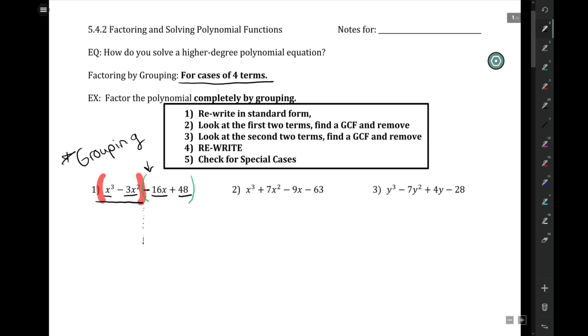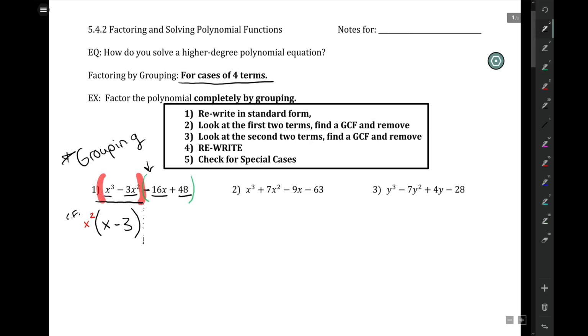And what you're going to do is looking at this red group, okay? You are going to remove common factors. Okay, so red group, it has a common factor of x squared. Okay, x to the third, x squared. That would leave us with x minus 3.